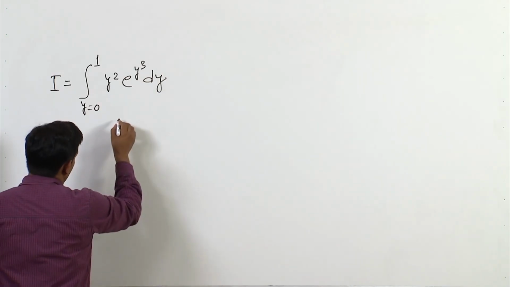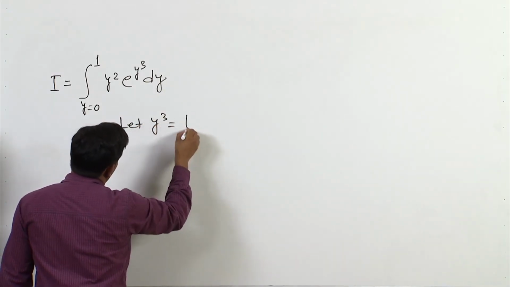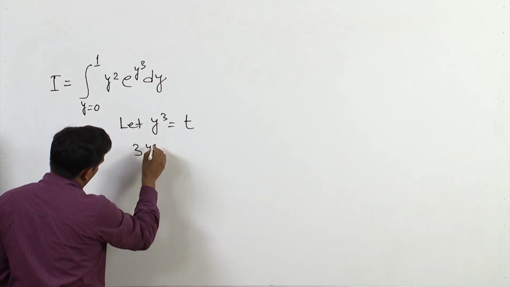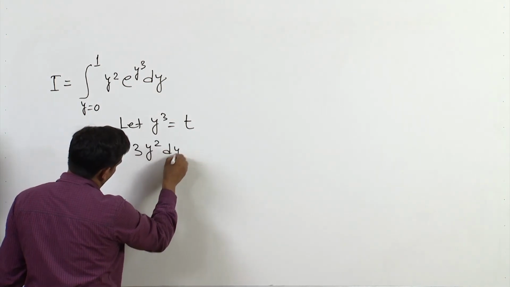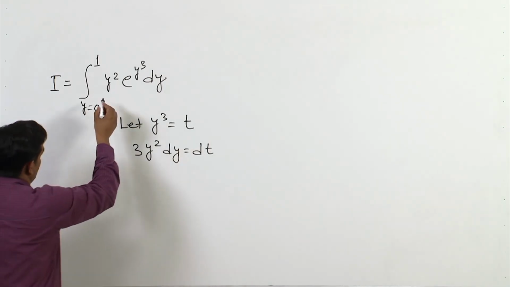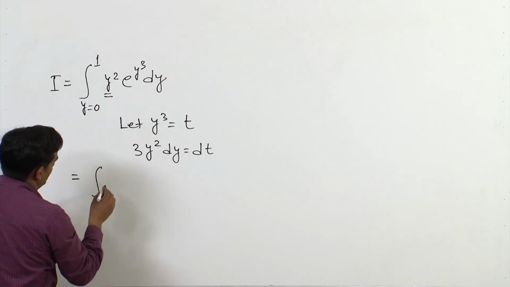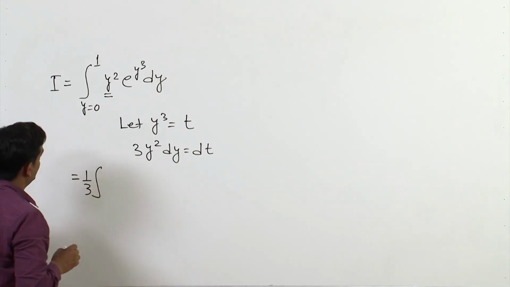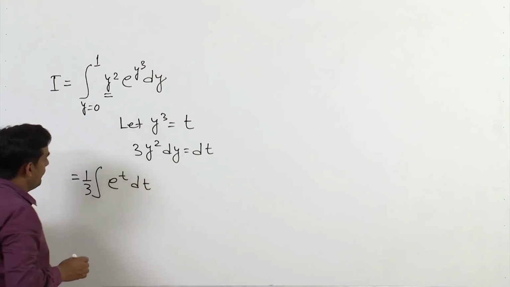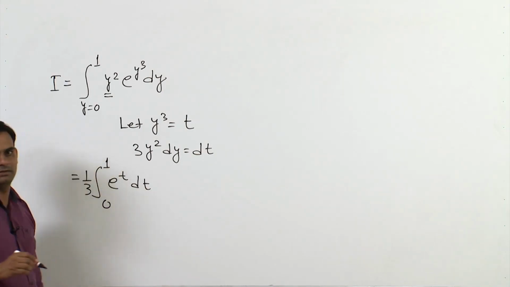So let y cube equal t, and from here I will get 3y square dy equals dt. Since I have this y square term here, this integral will become 1 by 3 e raised to power t dt. When y is 0, t will be 0, when y is 1, t will be 1.